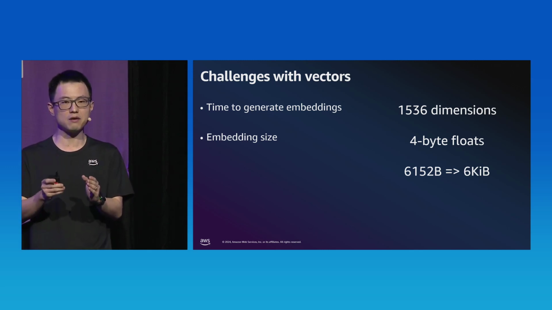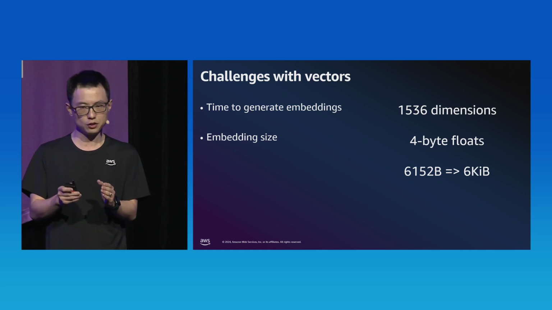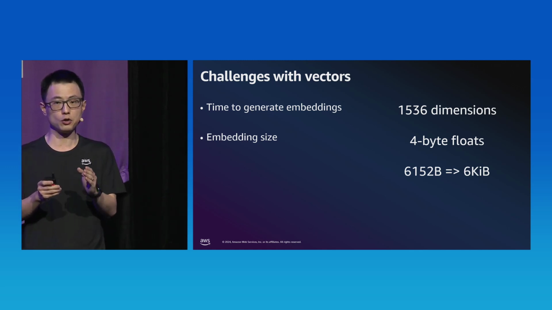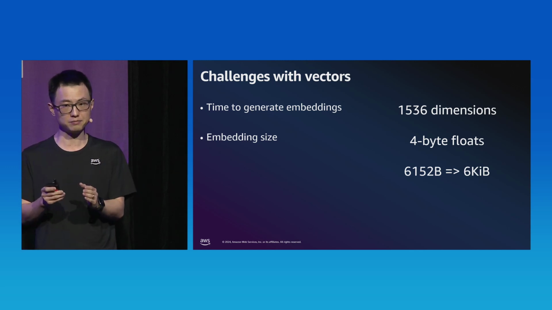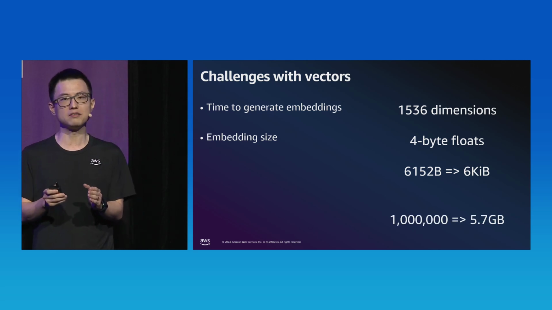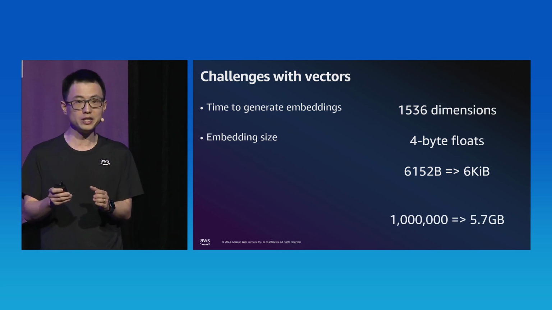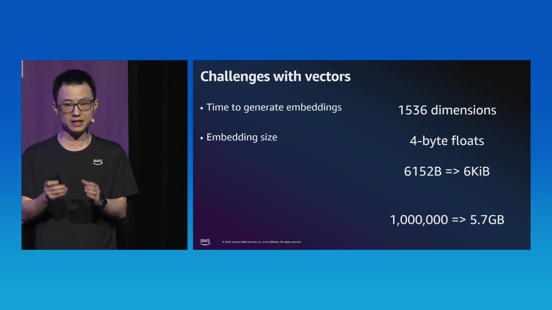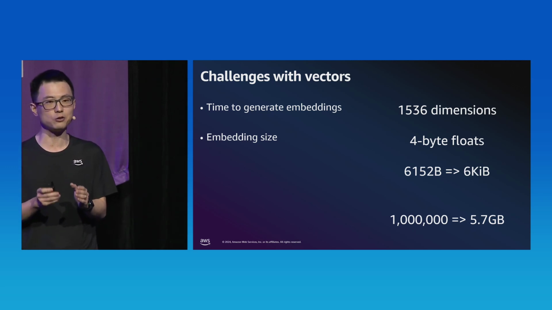Think of using a 4-byte float to store every dimension; then you need 6 kilobytes to store a single sample of vector data. If you have 1 million such records, you need 5.7 gigabytes to store your data. You really need to consider how to store it.